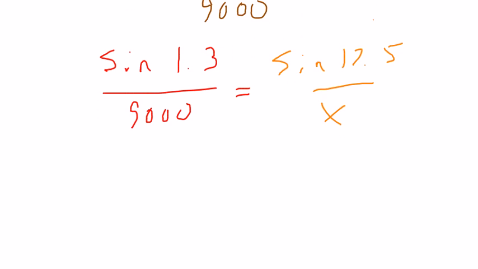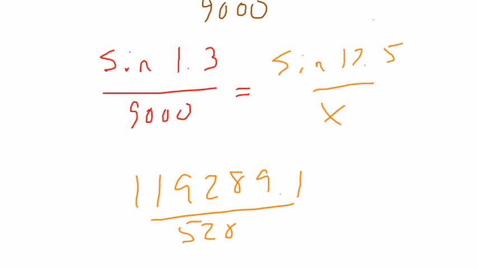I get 119,289.1, and this is in feet. So I think I'm just going to change it to miles by dividing by 5,280. So divide this by 5,280, and I think that's what the book did, and they get 22.6.